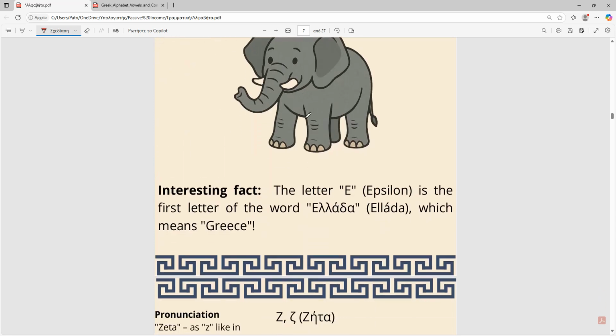And of course, this is the first letter of the word Elada. Elada, which means Greece, of course. So if you didn't know that word, bad for you, because it's good to know that. I'm kidding, of course. If you learn the Greek language, it's good to know that. Elada, Greece. It is written like this, and it is spelled like this in Greek.